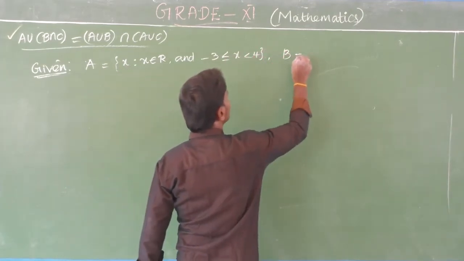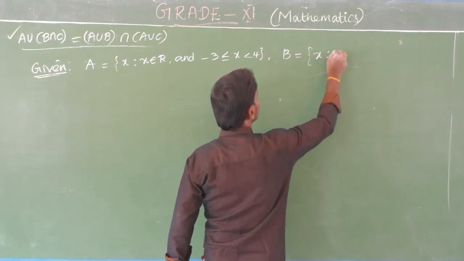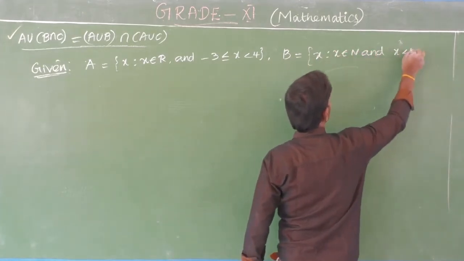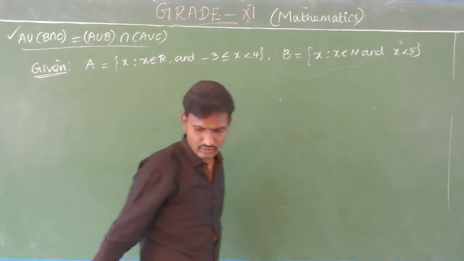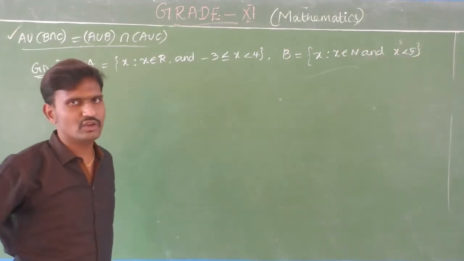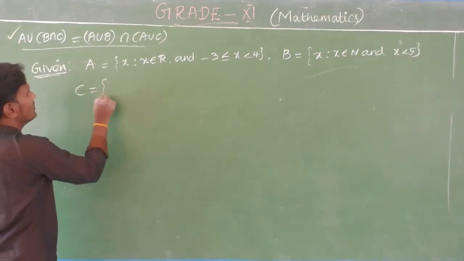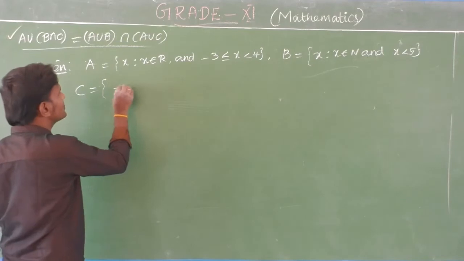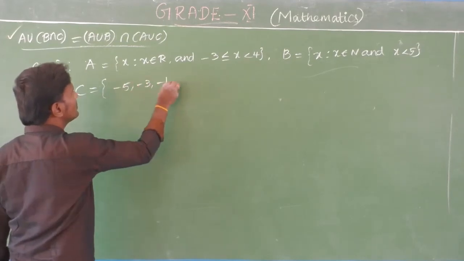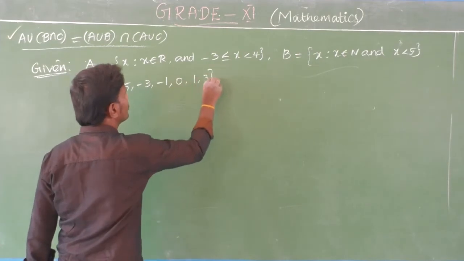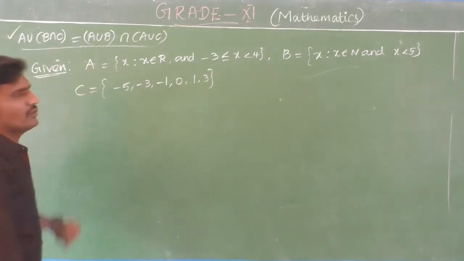Then B is equal to {x such that x belongs to N and x is less than 5}. So this is one sum. And C is given by {minus 5, minus 3, minus 1, 0, 1, 3}. Now we are going to verify it.